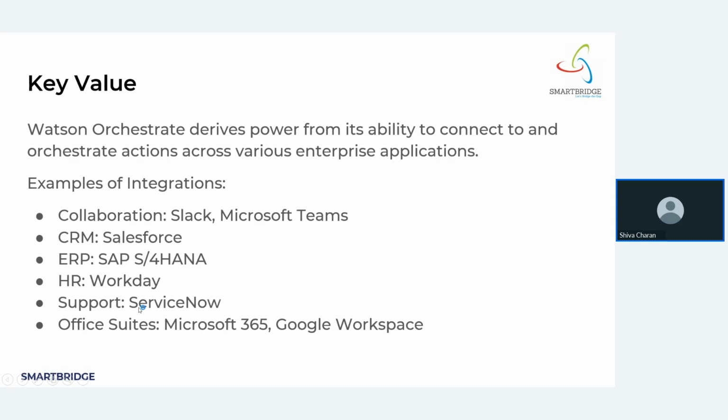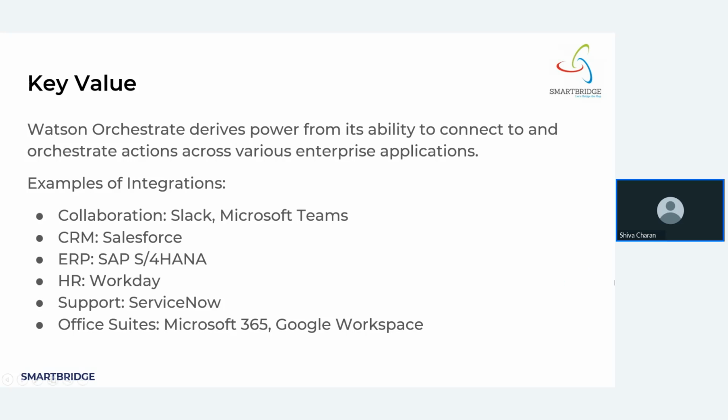For support tickets, we can use ServiceNow. And the office suites are Microsoft 365 and Google Workspace. So these are some of the areas where the integrations have happened, or where we can do the integrations using the Watson Orchestrate.